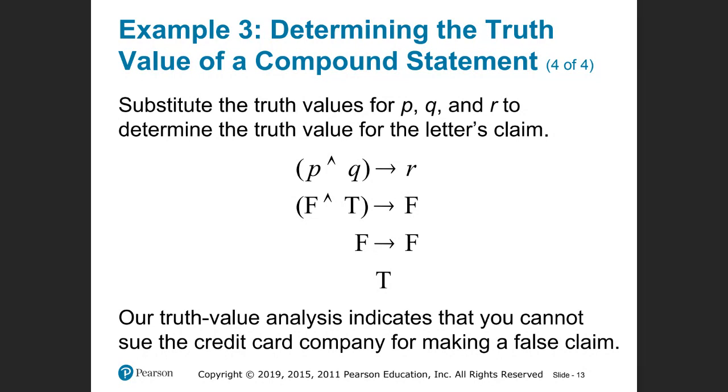So we replace the parentheses part with false. If false, then false, which is true. Our truth analysis indicates that you cannot sue the credit card company for making a false claim. And that concludes this section.